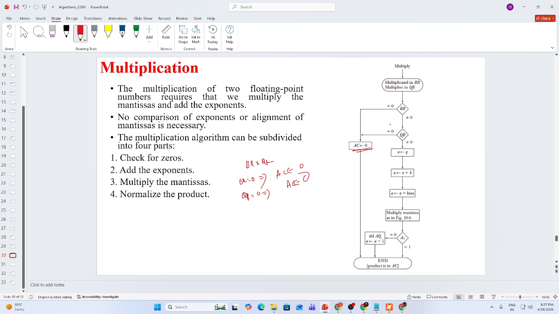If BR equal to 0 is not true, that is BR not equal to 0 and QR not equal to 0, then only we can start this multiplication process. What is the multiplication process? Just add the exponents, right? For adding the exponents, what do I need to do?